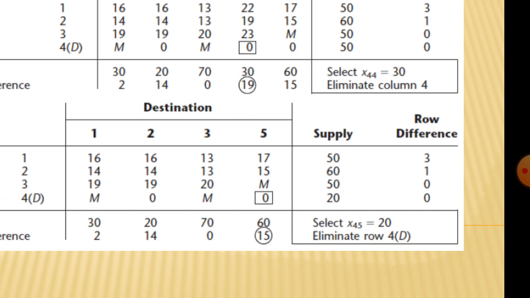Then you have to leave that fourth column and write down the fifth column. Again you have to write down the penalties. 13 minus 16 is 3, and the penalty is 0, 0. Write down all the penalties. Here the penalty is 2. Here the penalty is 14. The penalty is 0, and the penalty is 15.